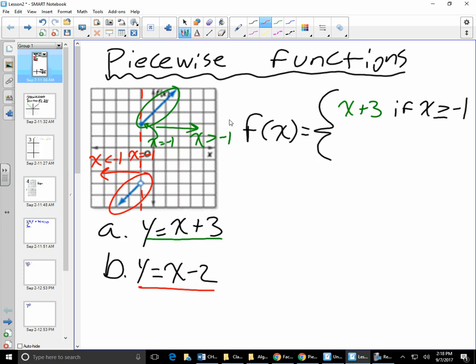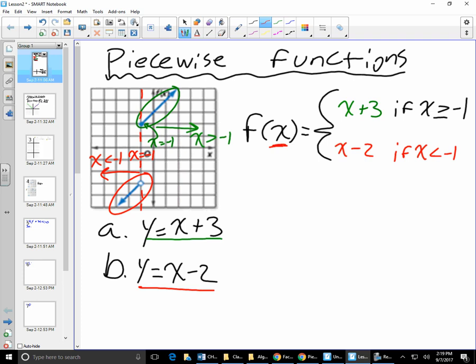But if x is less than -1, we have that f of x is in fact equal to x minus 2. This means that our function depends on where x is. So if we throw in an x that is different, it may lead us to use either the x plus 3 or the x minus 2.